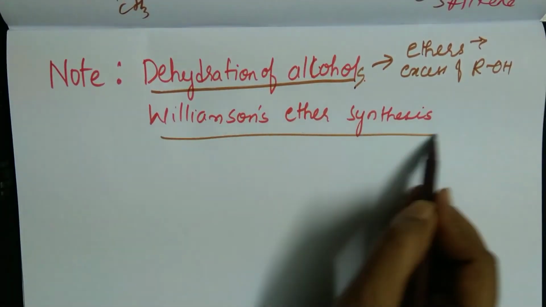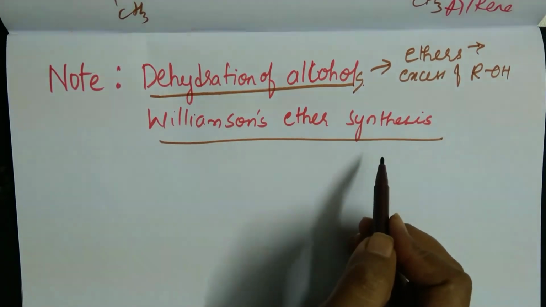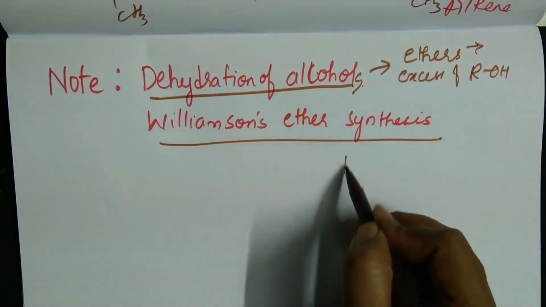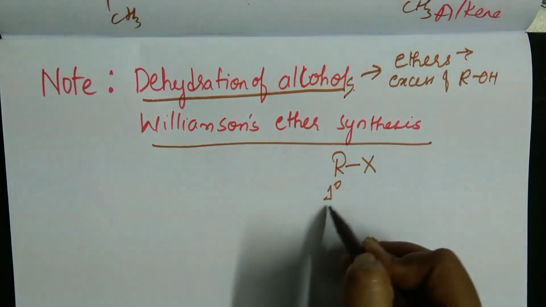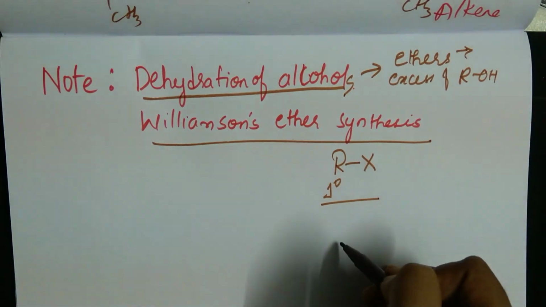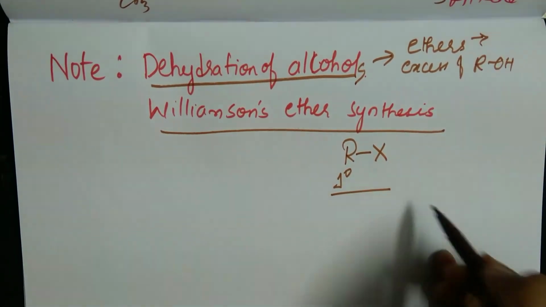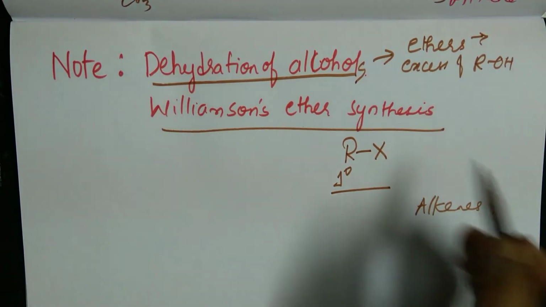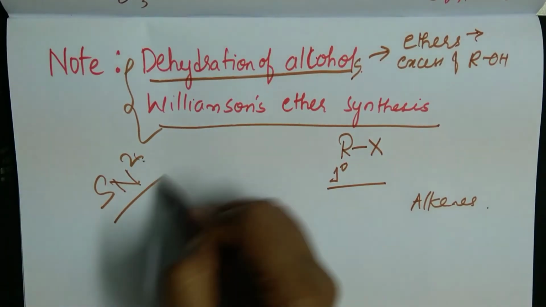And using Williamson ether synthesis, any type of ether can be prepared, but the condition is always use primary alkyl halide. Why primary? Because if you use secondary and tertiary, it will lead to elimination reaction leading to formation of what? Alkenes. Done. Both these reactions follow the SN2 mechanism.